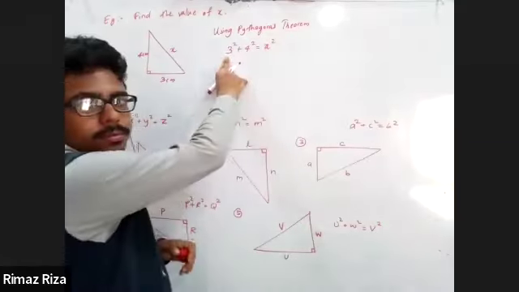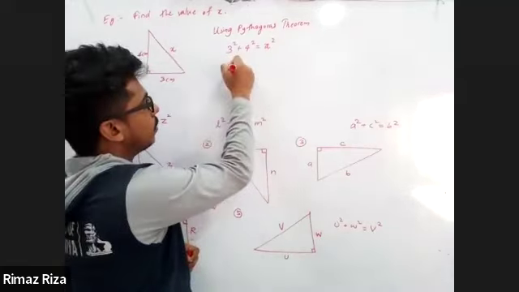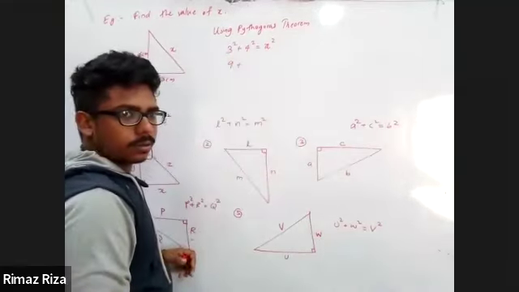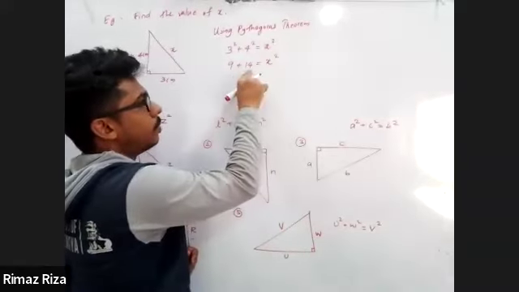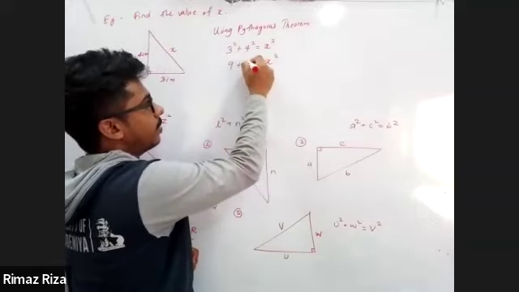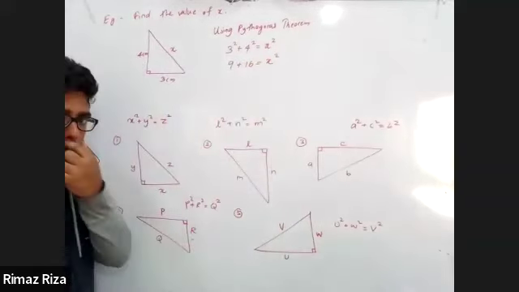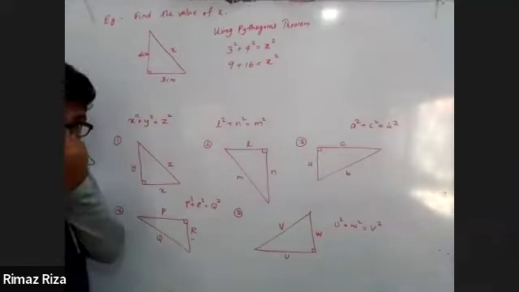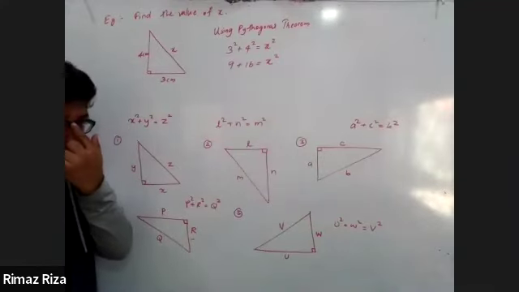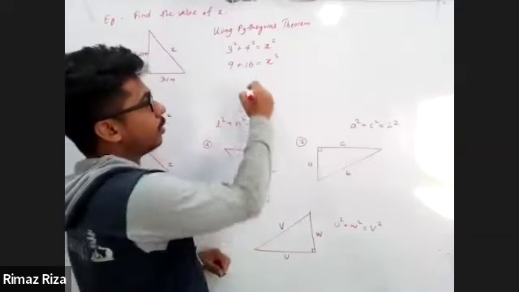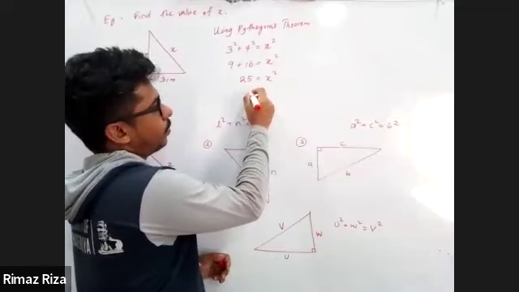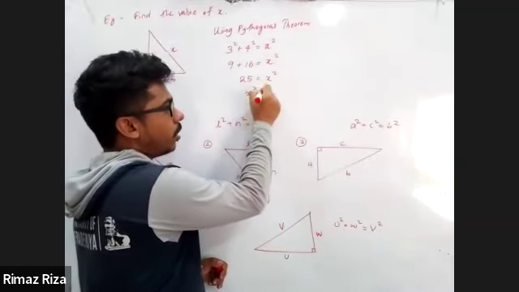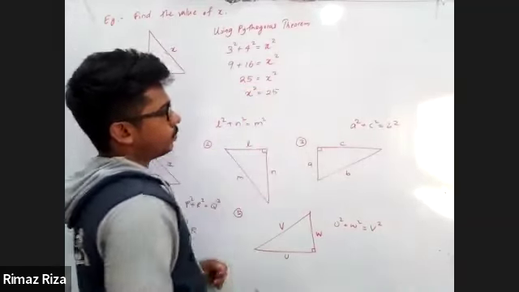What is 3 squared? 9. 4 squared? 16. 9 plus 16, how much? 25 equals x squared. So therefore I can write x squared is equal to 25.